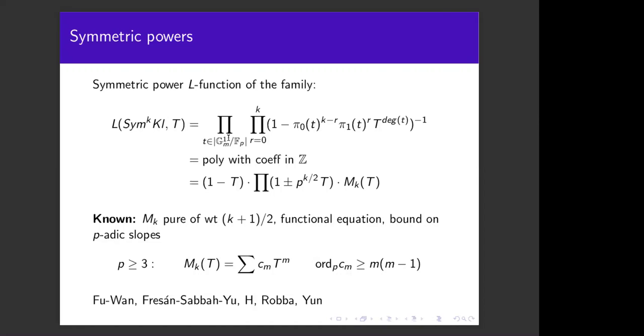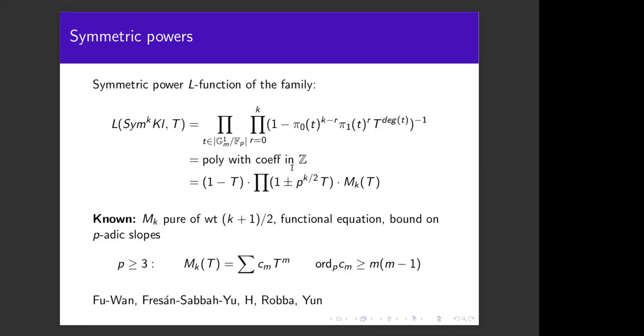It's known that this is a polynomial with coefficients over Z, with some theory. And in fact, this polynomial can be factored into certain pieces. So there's a 1 minus t factor.